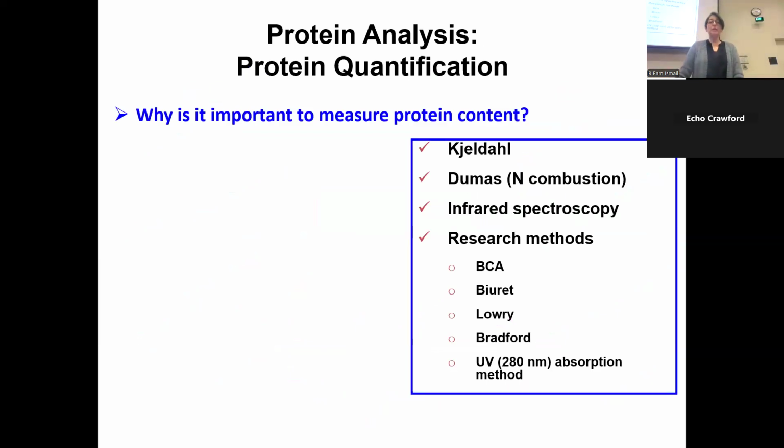So we measure protein content in many ways. We talked about our wonderful Kjeldahl and Dumas, they're the gold standard. But we have other methods we can use. Infrared spectroscopy, we can do IR for quick protein content when we are doing quality assessment during processing.